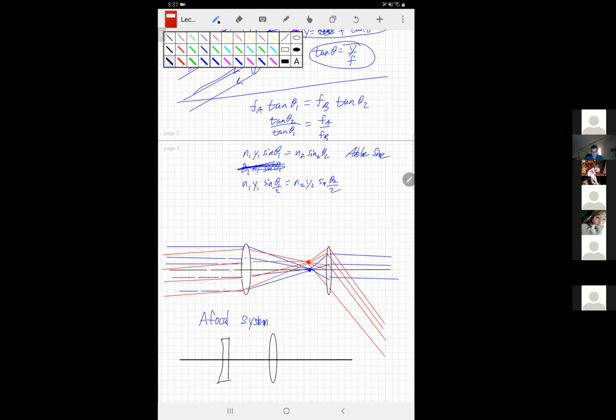And what it did with parallel rays was it spread them out. So this is a beam expander. And the idea was that they look like they're coming from over here.